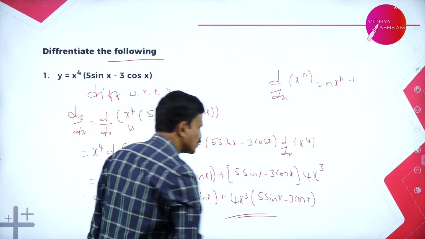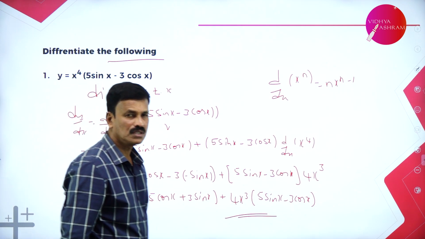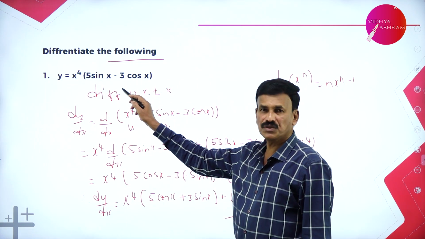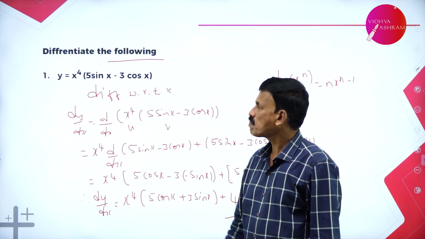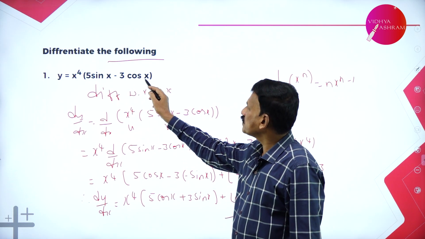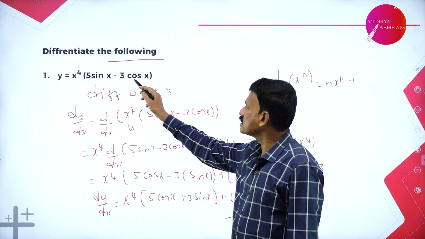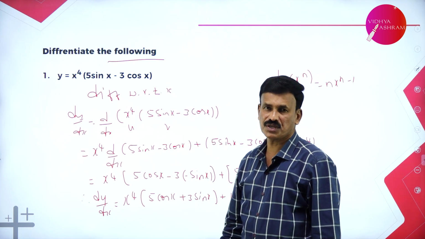This is how we differentiate this given function using product rule, right? First function into differentiation of second function plus second function into differentiation of first function. Differentiation of 5 sin x is 5 cos x and differentiation of cos x is minus sin x, minus into minus becomes plus 3 sin x, that is it. And derivative of x raised to 4 is 4x cube.